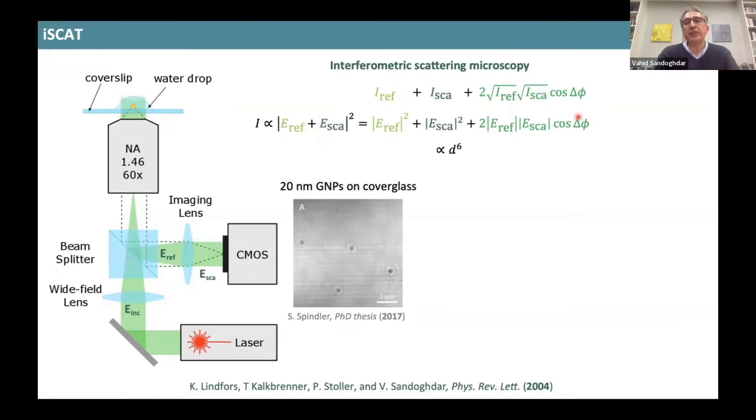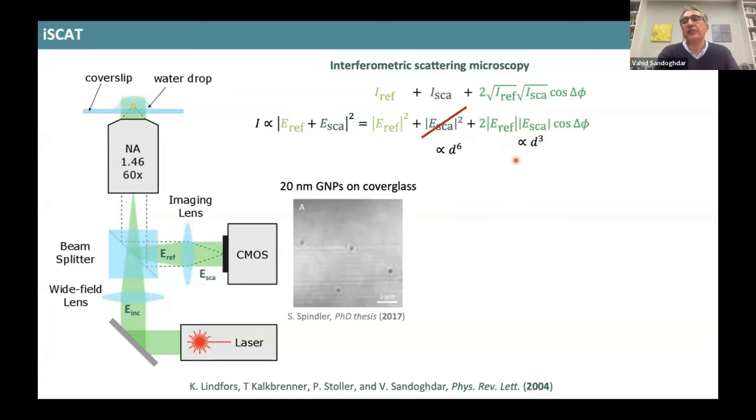But again, the point is that the contribution that is only coming from the particle scales as the sixth power, and at some point becomes negligible for very small particles compared to this other term, which is proportional to the electric field that's scattered and not the square of the electric field that's scattered.